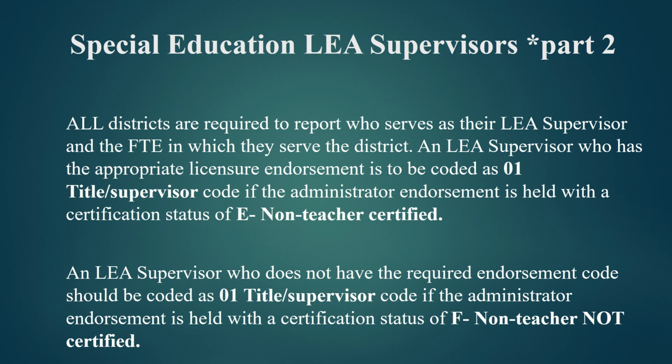An LEA supervisor who has the appropriate licensure endorsement is to be coded as O1 title supervisor if the administration endorsement is held with the certification status of E, non-teacher certified. An LEA supervisor who does not have the required endorsement code should also be coded as O1 title supervisor code if the administrator endorsement is held with the certification of F, non-teacher, not certified.